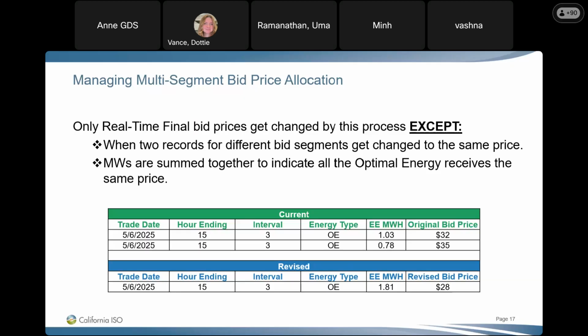So when we apply the revised bid prices, you will see only one record instead of two records in the expected energy allocation details in CMRI. You will be able to see only one record, the megawatts will be summed together, and the price will be that mitigated price, the revised bid price of $28 in this example. Okay, any questions?